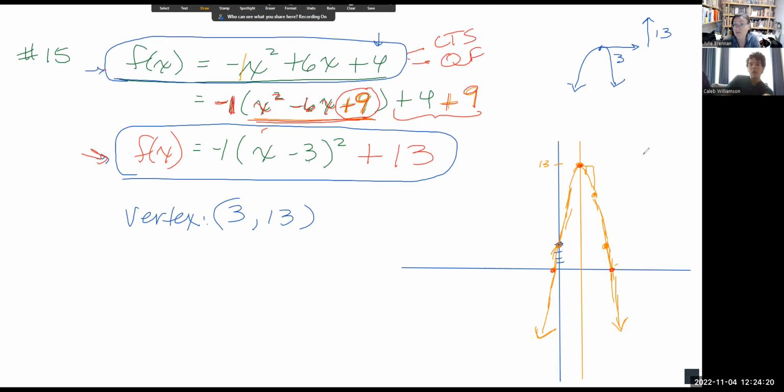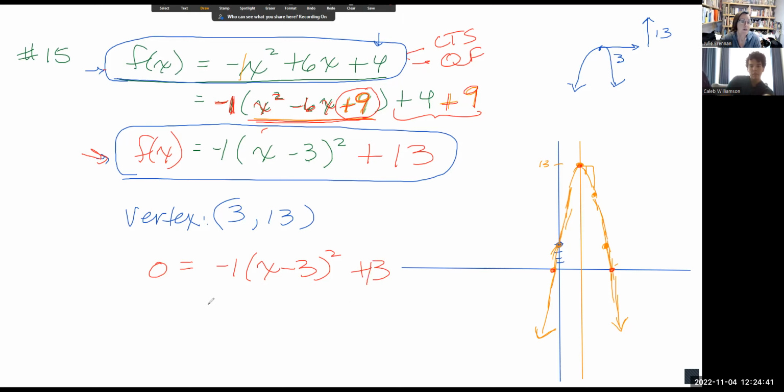Not to mention you have to know how to do it to do other things, but it's not hard to get the zeros. You can set it equal to 0. Right, you set the whole thing equal to 0. So I'd say that 0 is equal to -1 times (x minus 3) squared plus 13. Don't do anything to the square until you get it by itself, right?